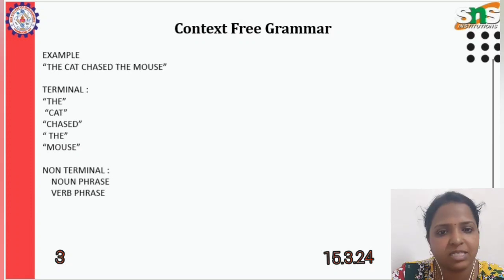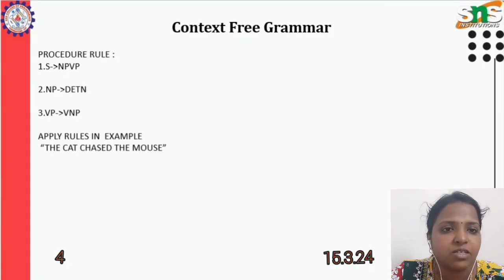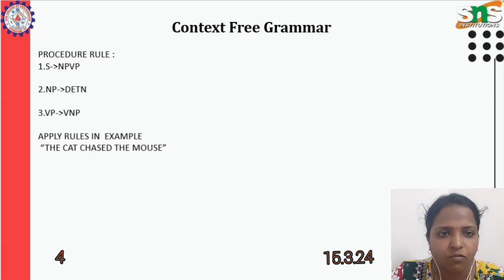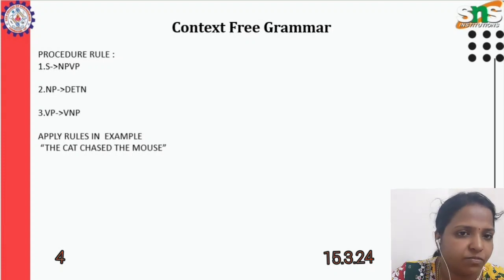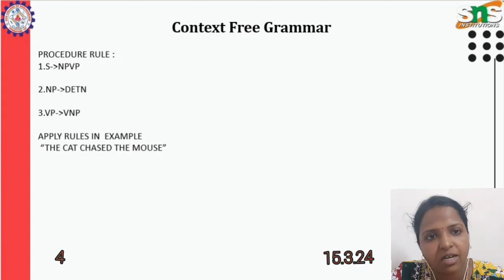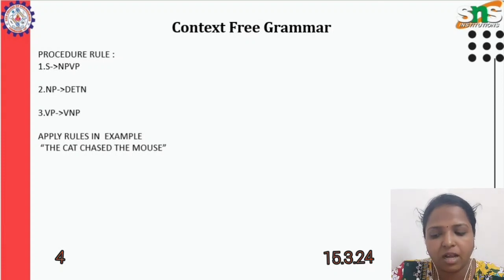We have three rules. Rule one: a sentence should have a noun phrase followed by a verb phrase. Rule two: the noun phrase should have the determiner followed by the noun. Rule three: the verb phrase should have the verb followed by a noun phrase. These are the three rules I am going to apply in my example.